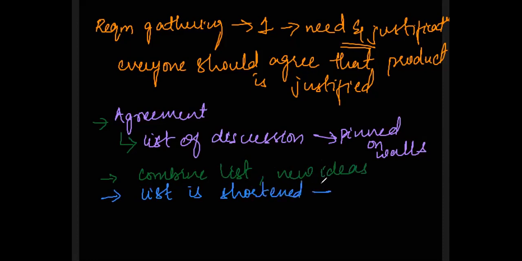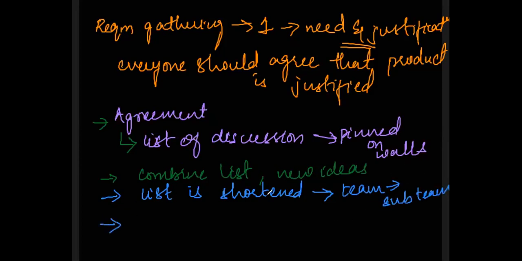Now, when the list is shortened, you have a specific set of features that you are going to embed within the software. So within this list, you're going to divide into different teams. You might also make sub teams, so that each team can focus upon one specific requirement at a time.